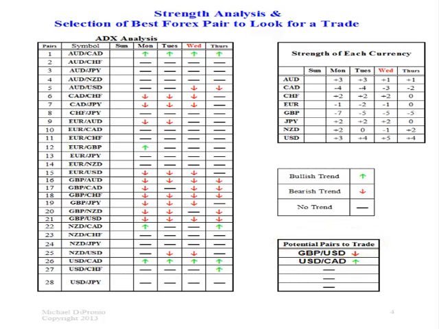The whole purpose of this analysis is to choose the Forex pairs that have the highest probability of making a successful trade. So we'll match the strongest currencies with the weakest currencies to make the best pairs to trade. Today we have 2 weak currencies and 1 strong currency. This gives us the pound US dollar and the US dollar CAD as the potential currencies to trade.